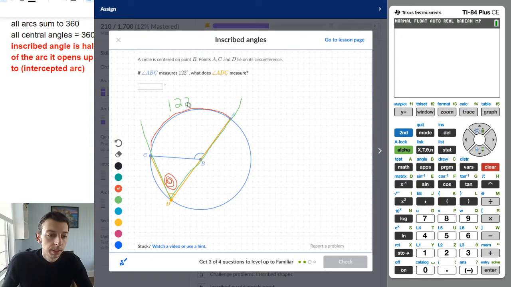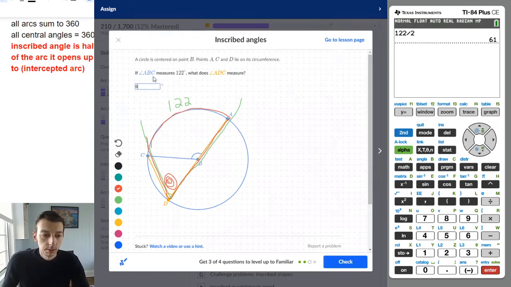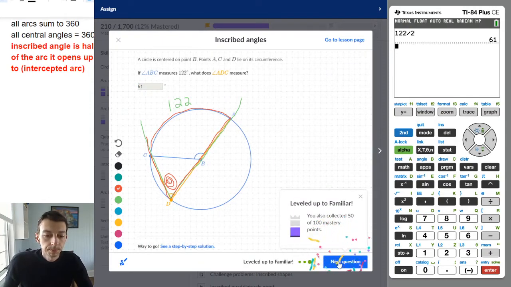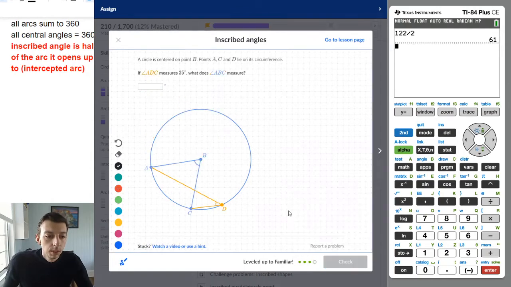I should be able to cut that in half and figure out what this angle is. If you just follow that arc back down to your angle, that angle is half as much as that arc of 122. So if I come over here to my calculator, 122 divided by 2, I end up with 61. So that should be 61 degrees.